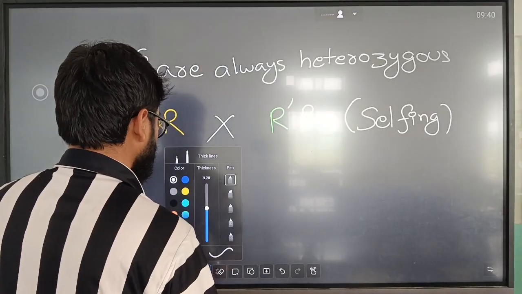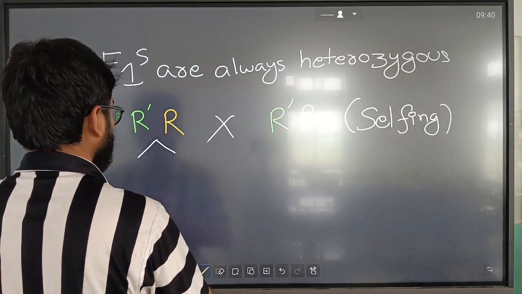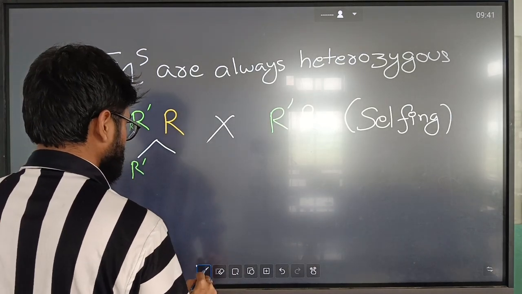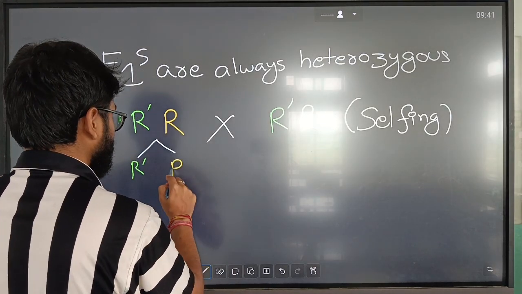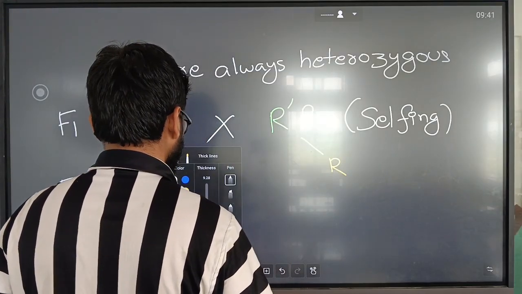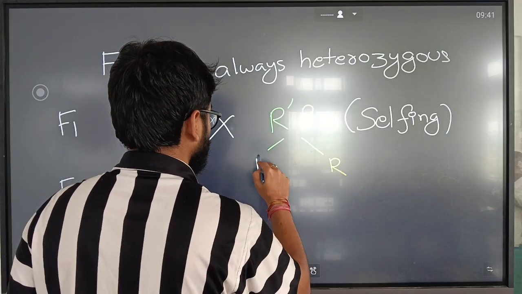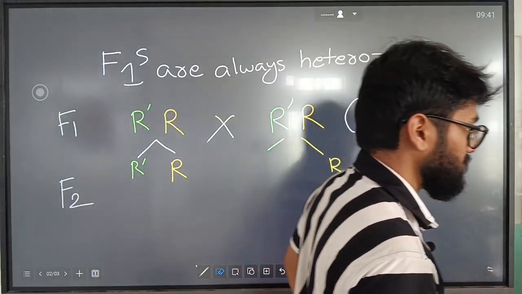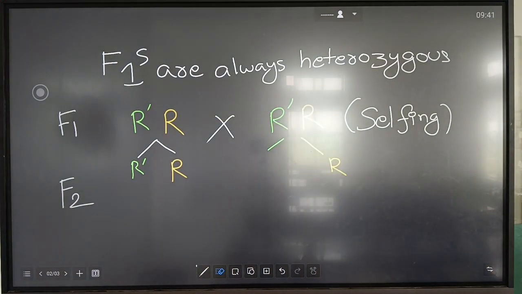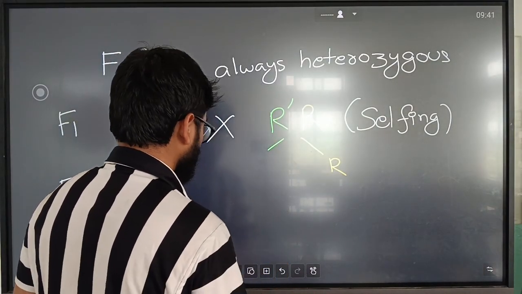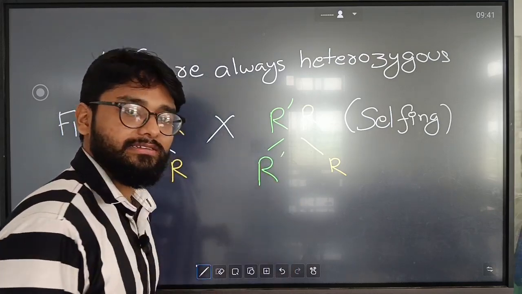Okay, so what happens in this? They will also create gametes. What are those gametes? Here you will have R dash, and here you will have R. Similarly, you will have R and you will have R dash. So we will get R dash.